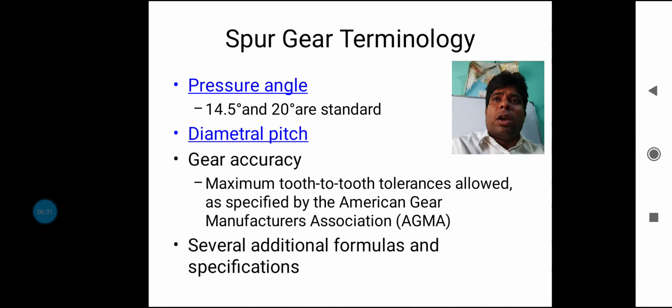The next point is pitch circle. The pitch circle diameter may be defined as equal to the product of the module of the gear wheel and the number of teeth of the wheel. Now next, tooth thickness.